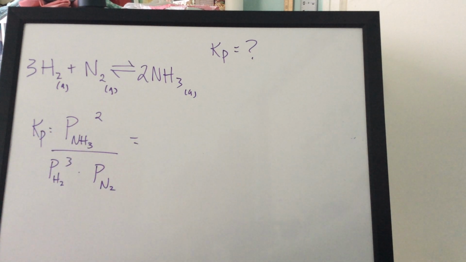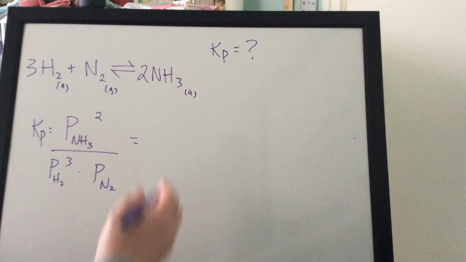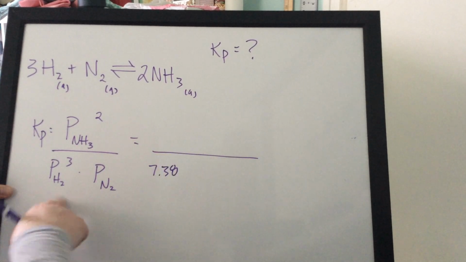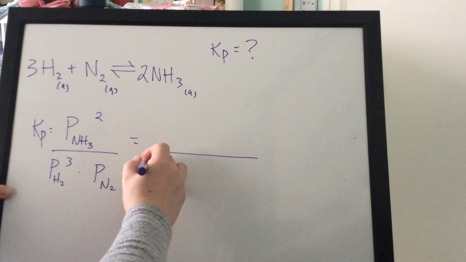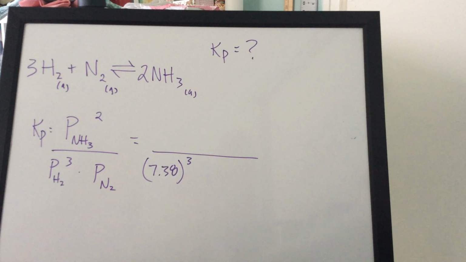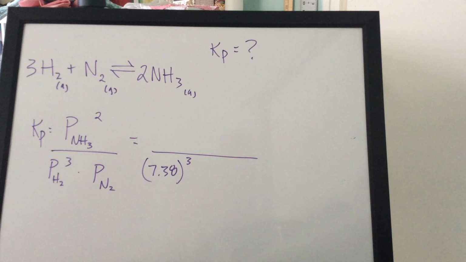So I do in fact know those partial pressures. If you look at that second sentence, it says that the equilibrium mixture was analyzed and found to contain 7.38 atm of H2, and that value is going to be cubed. Now, I did reference before that Kp and Kc are actually unitless, so I'm going to leave my units off. It's the only time you're ever going to hear me say that.